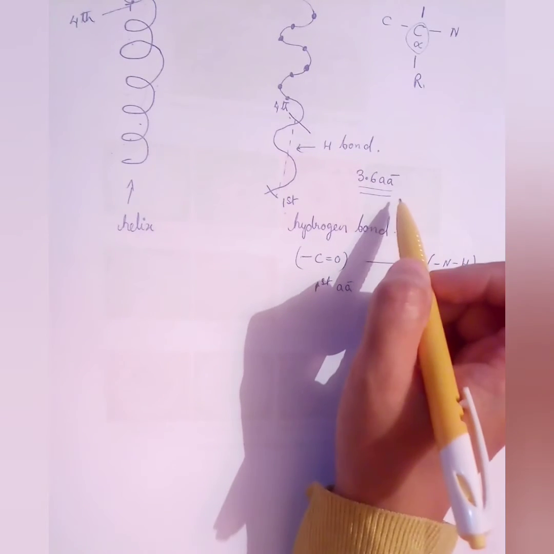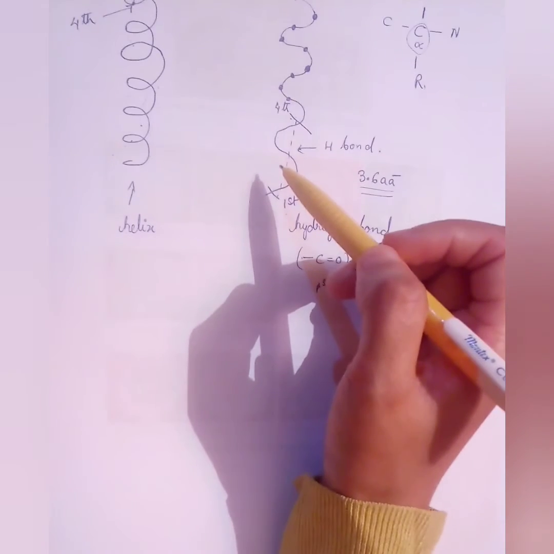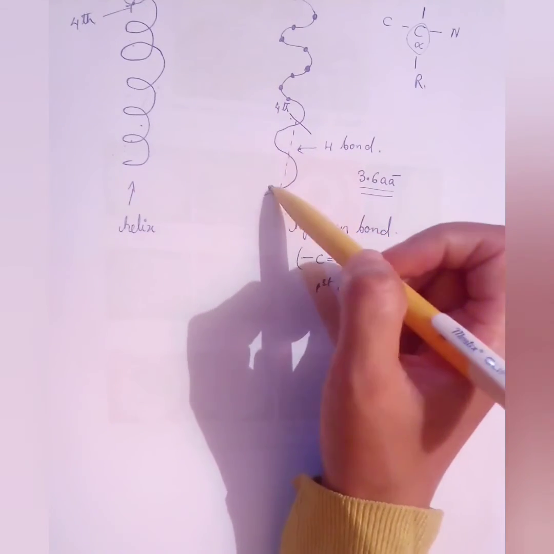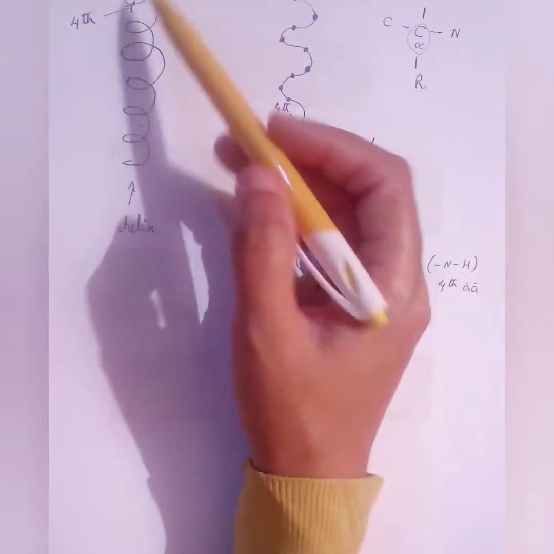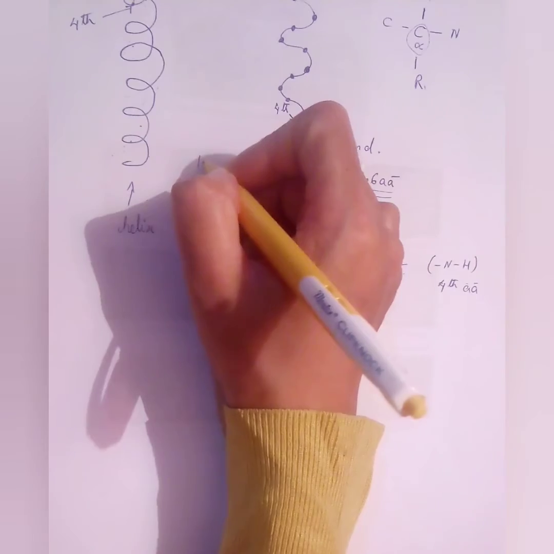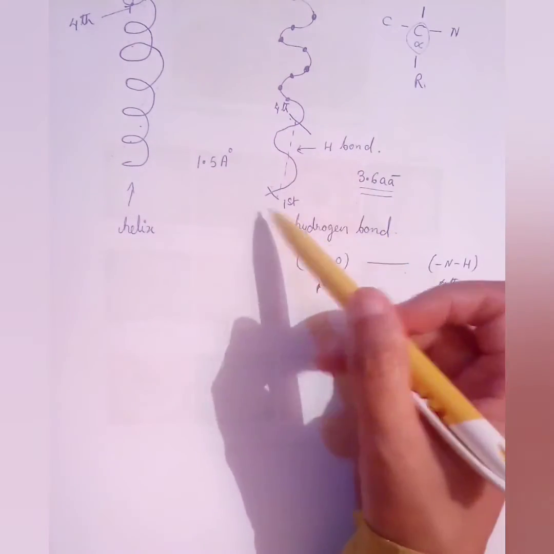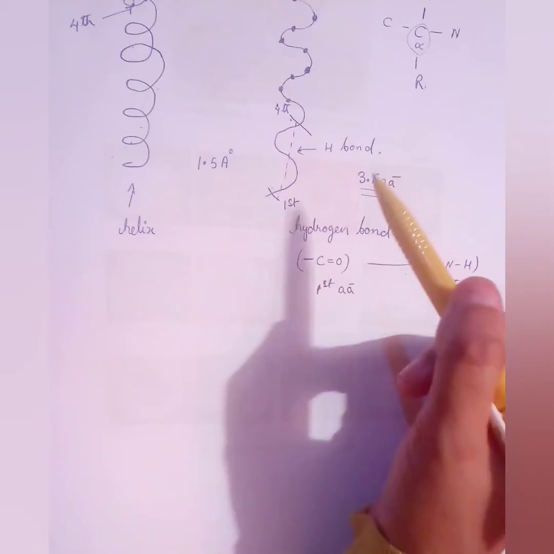And also the distance between each amino acid along this helix is 1.5 angstrom. So these are some of the important points that you have to remember.